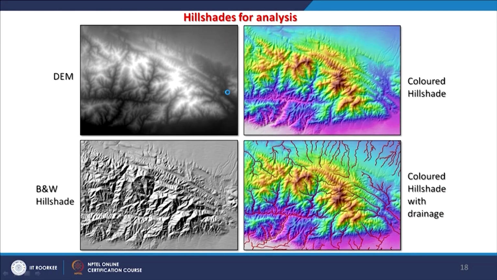Now, as I have been mentioning, by employing some tricks or techniques, you can always create a hillshade even in color, though the original output would be in black and white.